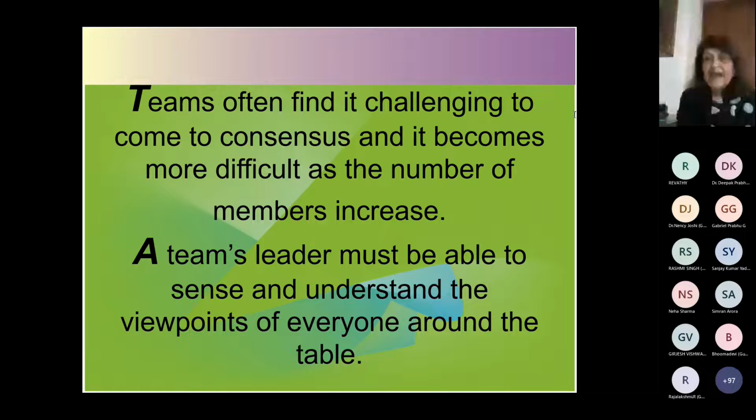And it becomes challenging if you can't touch them because then the teams will not work as teams. What is a team? Together, everyone achieves more. So we have to deal with teams, and the team leader has to look at everybody's viewpoint and work from the adult ego state and take what is best.